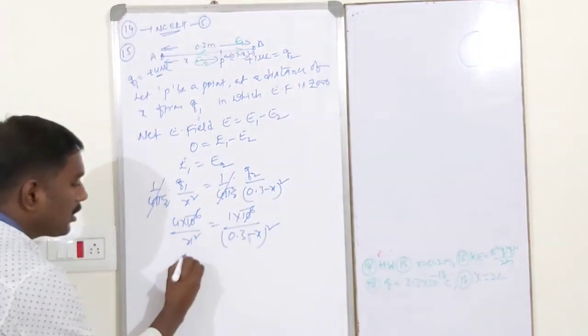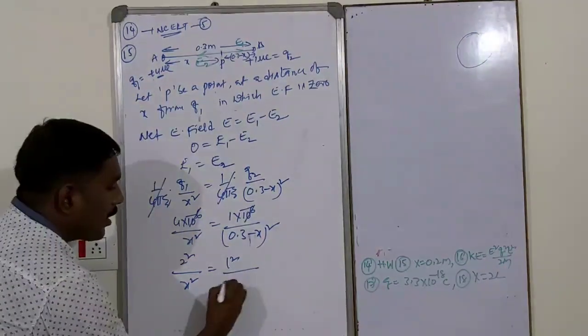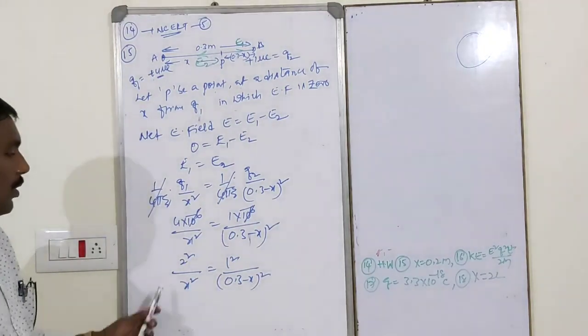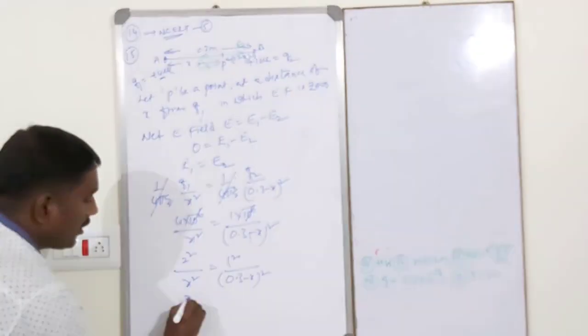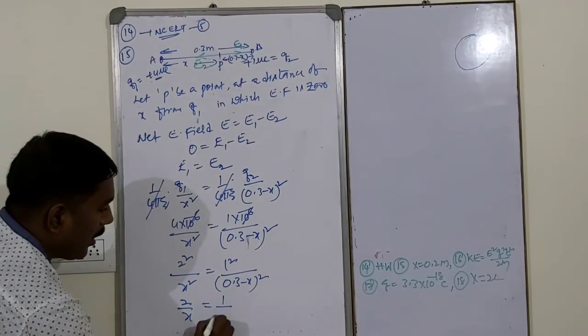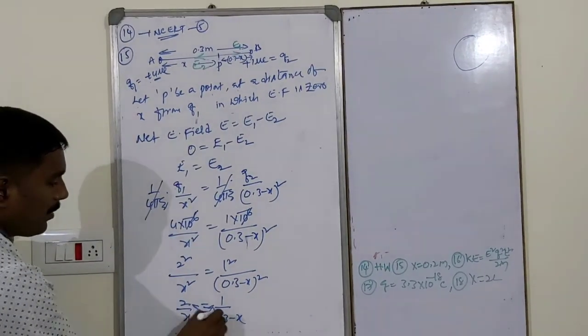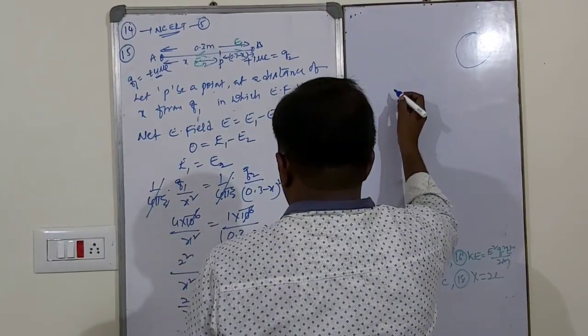So 4 is nothing but 2 square by x square. 1 is nothing but 1 square, over 0.3 minus x whole square. To remove the squares on both sides, 2 by x is equal to 1 by 0.3 minus x. On cross multiplication, that is 2 into 0.3.